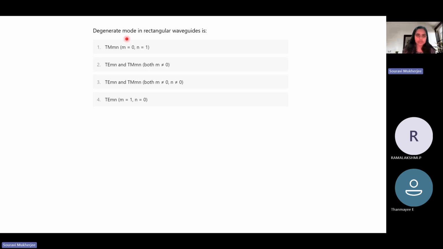Can you take a minute and answer? What do you think the answer should be? Degenerate modes have the same cutoff frequencies.